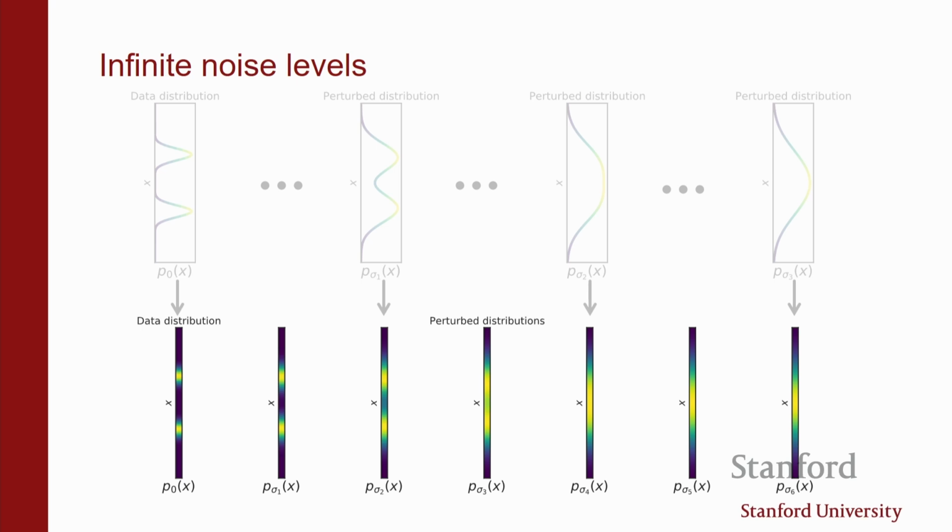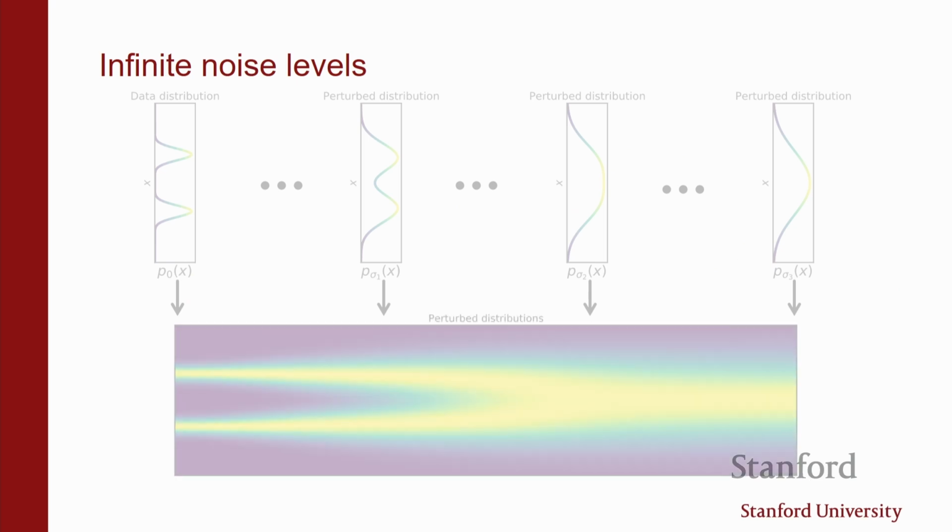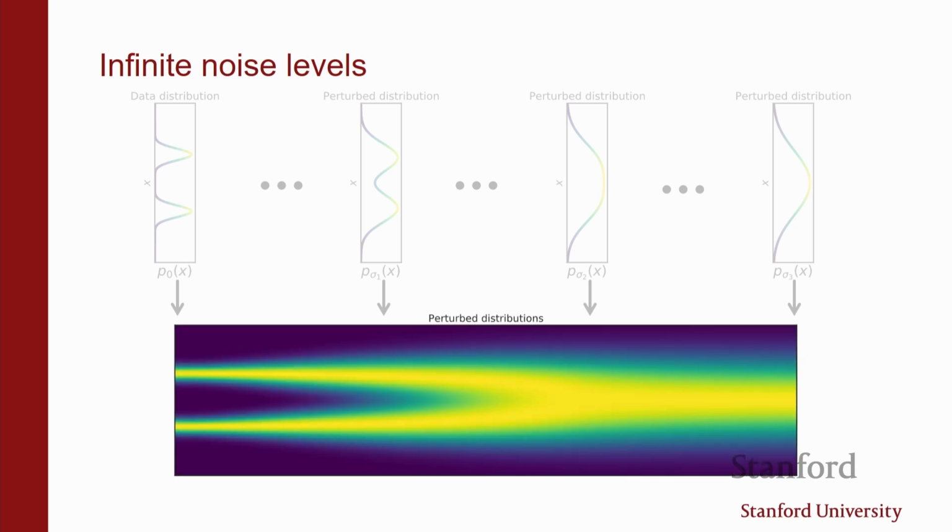We're still going to take the hierarchical VAE perspective, but you can start thinking about what happens if we were to take more and more steps. If we go from 1,000, 2,000, 4,000, we make these steps smaller and smaller until eventually we get this continuum of distributions, which really correspond to the diffusion process.